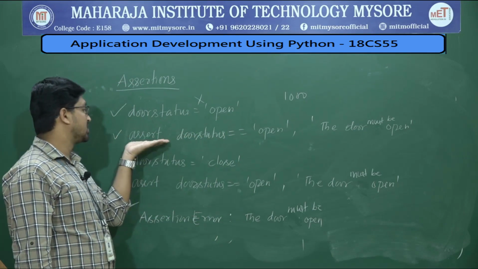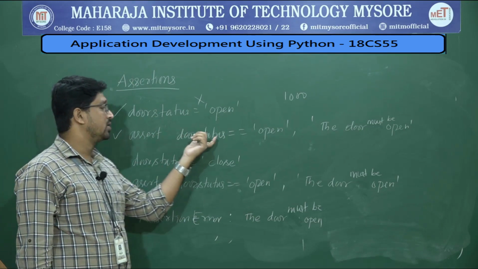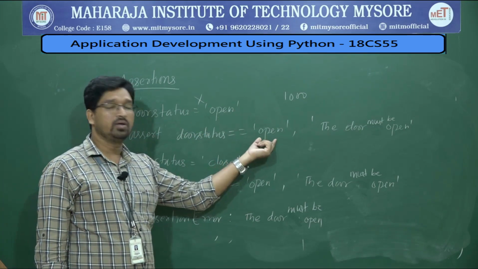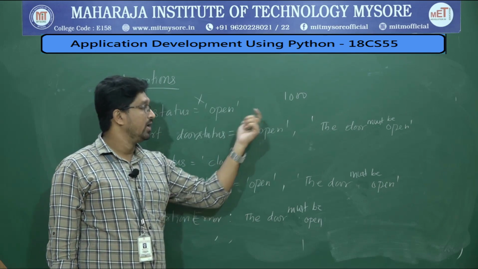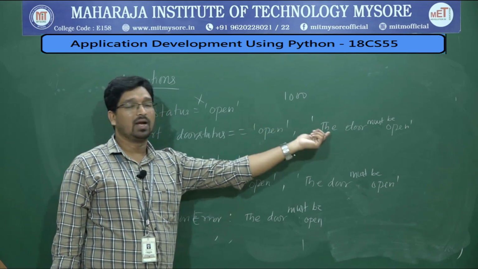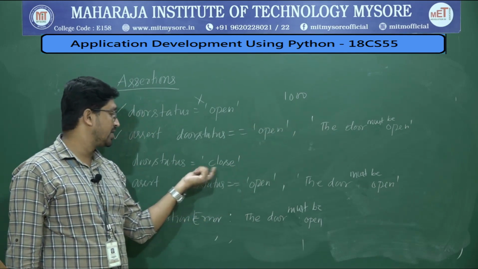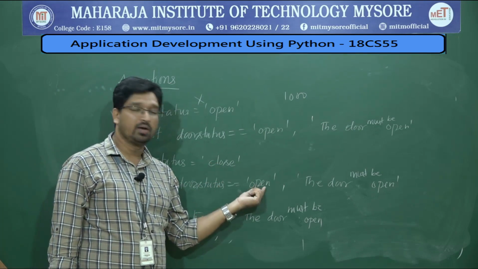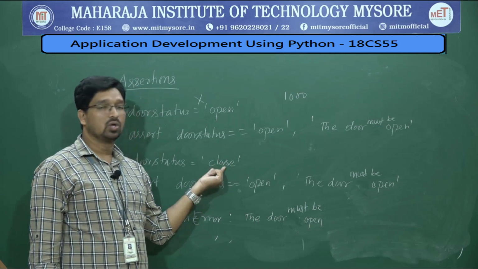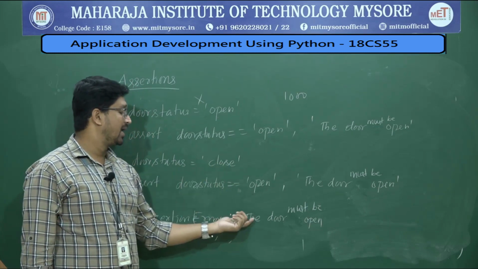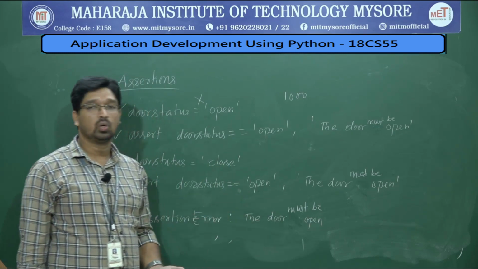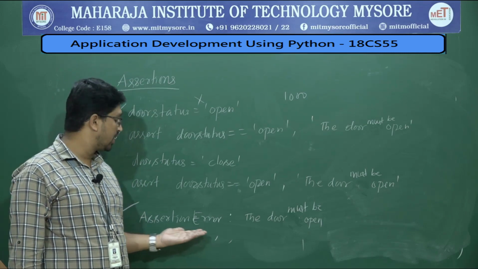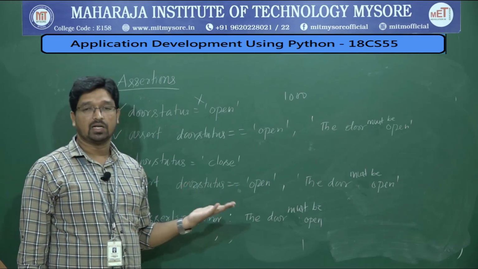If you want to check the status, you can write assert door status is equal to open. If it fails, then you will get a message. Here I am trying to change it to close. Then I check whether door status is open. No, door status is close, so I will get a message saying that the door must be open. So this is how we create an assertion.